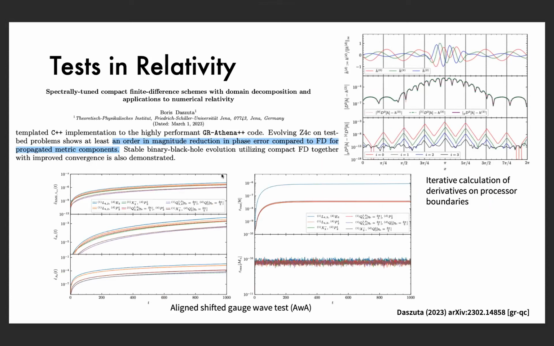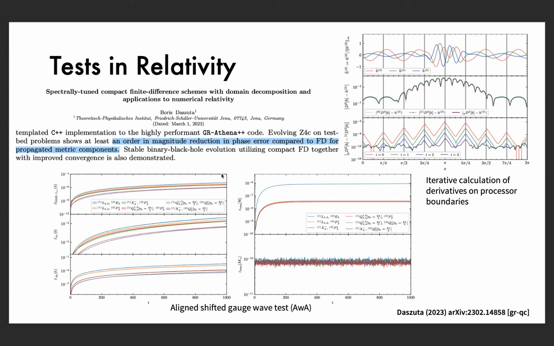Recently, Boris published a paper on this actually in GR. I have not yet done real tests in general relativity, but in March this year, Boris put a paper on arXiv doing some tests with GR. He did some apples to apples tests, and he did a short binary run with the Z4C formulation of the Einstein equations.